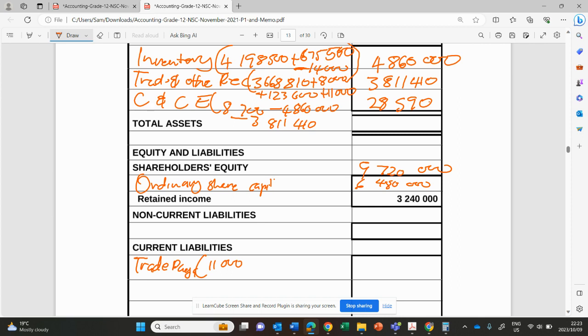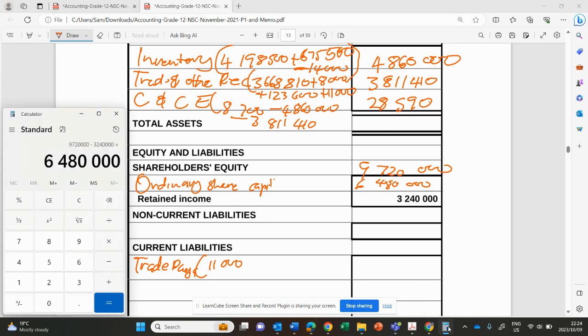Or you can get the ordinary share capital by the average price, because there are no additional shares.